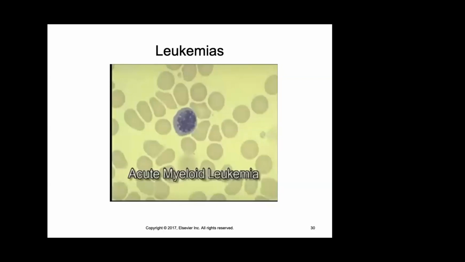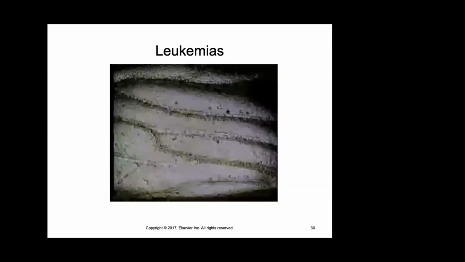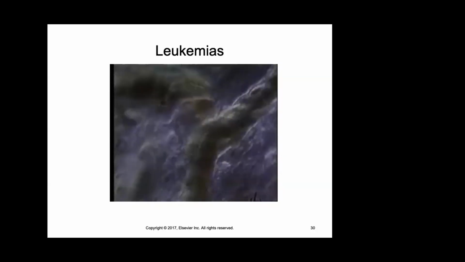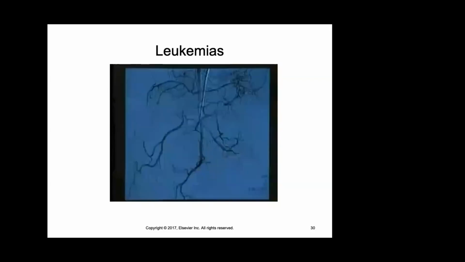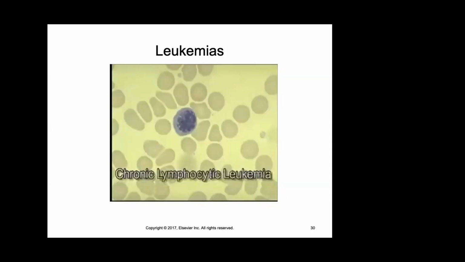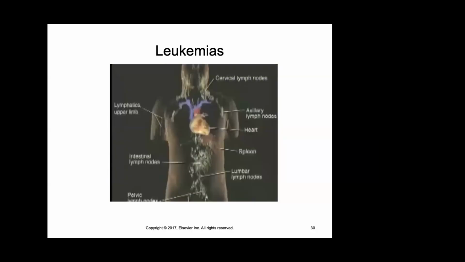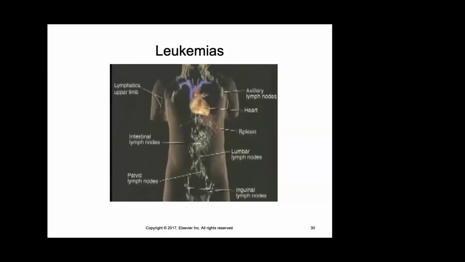Acute myeloid leukemia is a life-threatening disease in which myelocytes become cancerous and rapidly replace normal cells in the bone marrow. Exposure to large doses of radiation and use of some cancer chemotherapy drugs increase the likelihood of developing acute myeloid leukemia. Chronic lymphocytic leukemia is characterized by a large number of cancerous mature lymphocytes and enlarged lymph nodes.